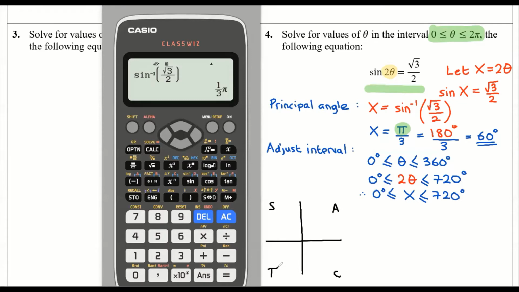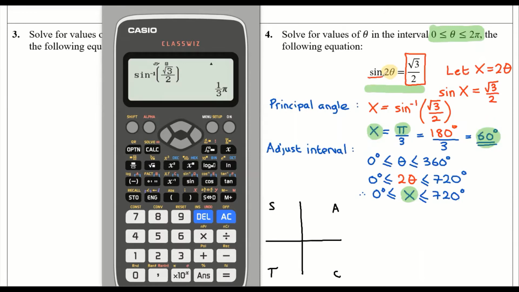Okay, so this is all about x at the moment. We're talking about the angle x. So this angle. Now, the principal angle is 60 degrees. The value I took that from was positive up there. So I just have to look for where sine is positive because it's a sine equation.